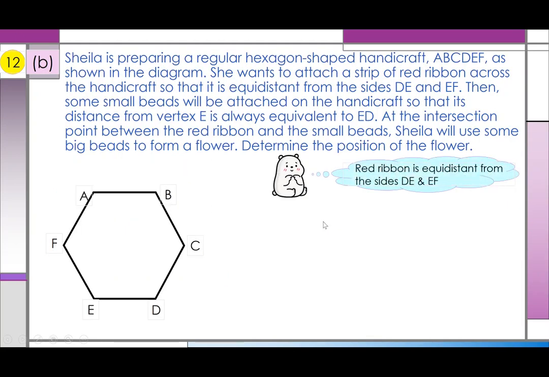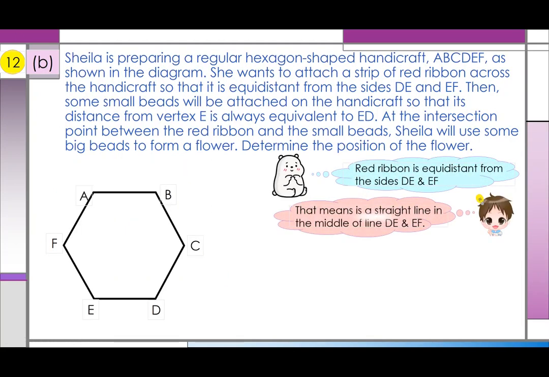Question B. Shira is preparing a regular hexagon-shaped handicraft ABCDEF as shown in the diagram. She wants to attach a strip of red ribbon across the handicraft so that it is equidistant from sides DE and EF. DE is here, EF is here.